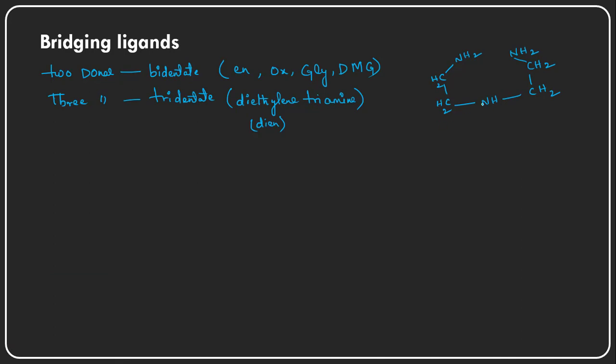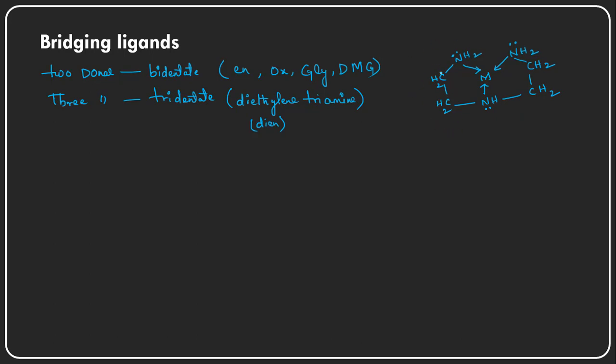So NH. Now the metal ion is inserted here, and this nitrogen can donate its pair of electrons, this nitrogen can also donate its pair of electrons, and this nitrogen also can donate its pair of electrons. So this one ligand is forming three bonds at a time.